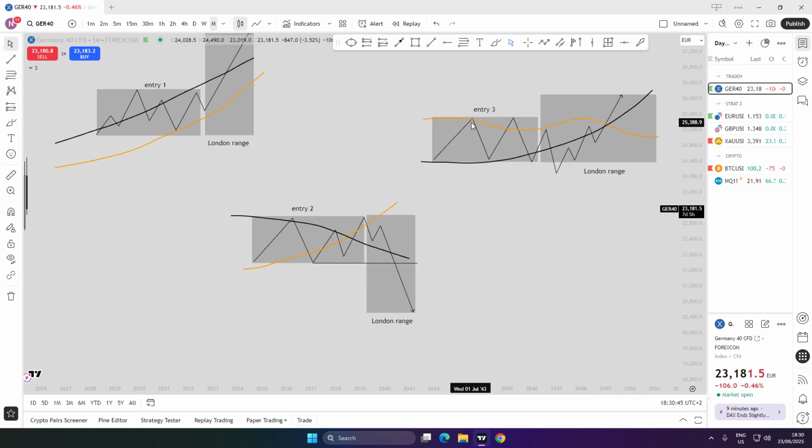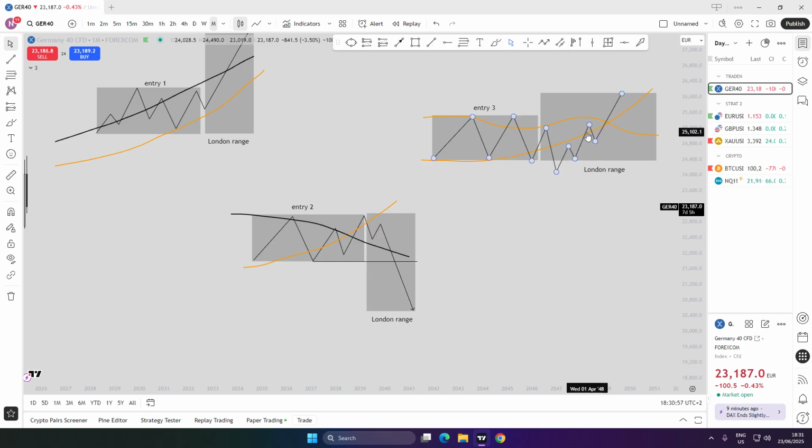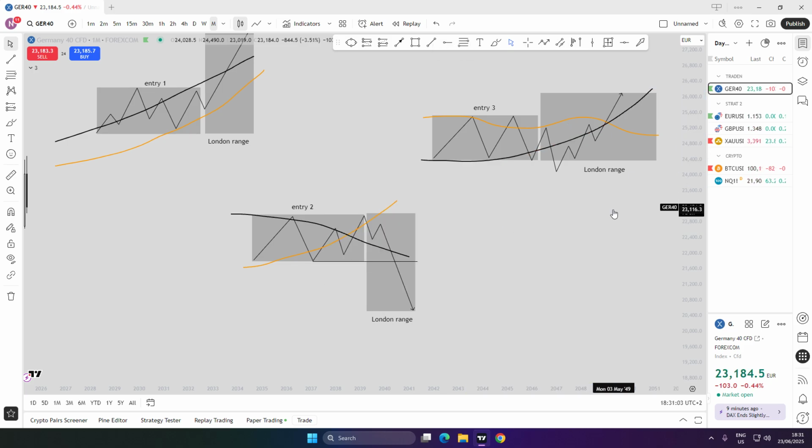It is possible that it didn't have a crossover in the Asia. For this example I have to do it differently, because this is the orange one and this is the black one, because we start looking for buys here.